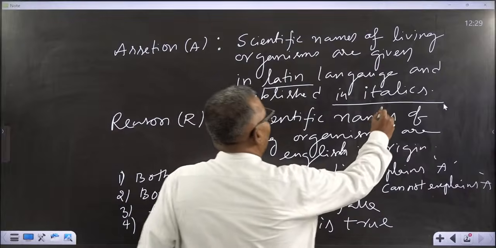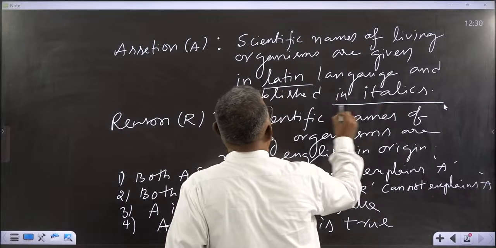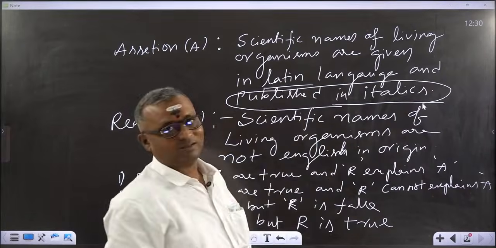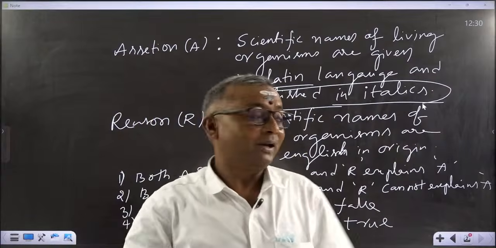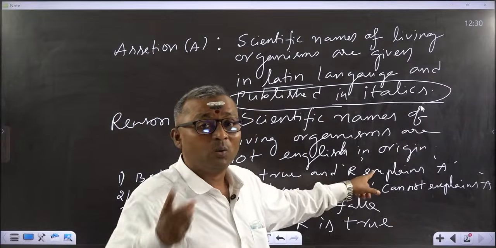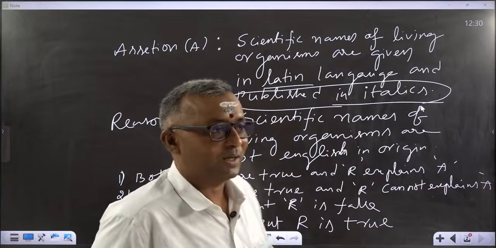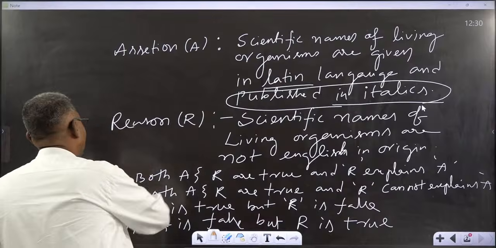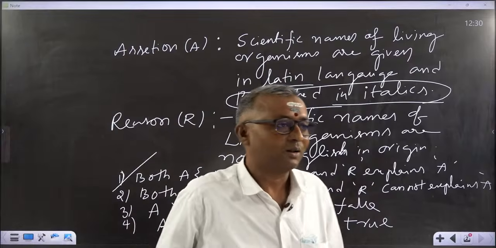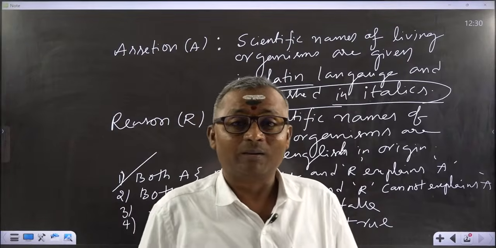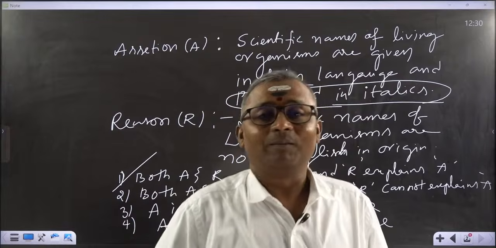So I am giving a reason for the second part of the question. Even then, both A and R are true, and R is the correct explanation for A. So, what is the answer now? The answer is the first option. Got it?